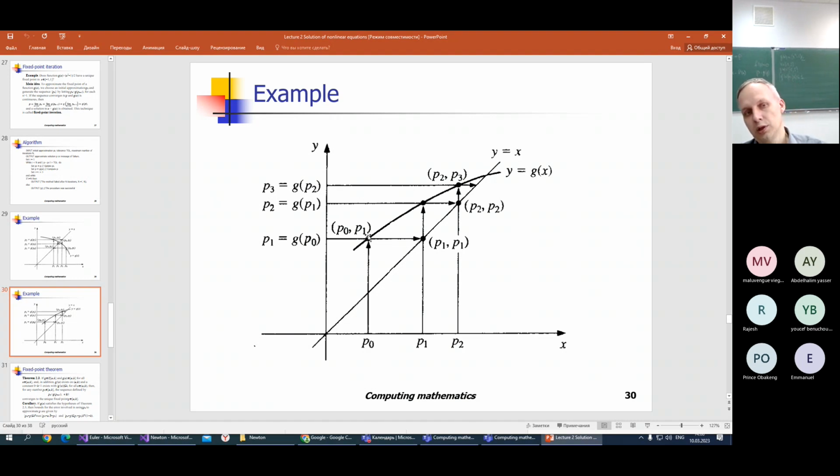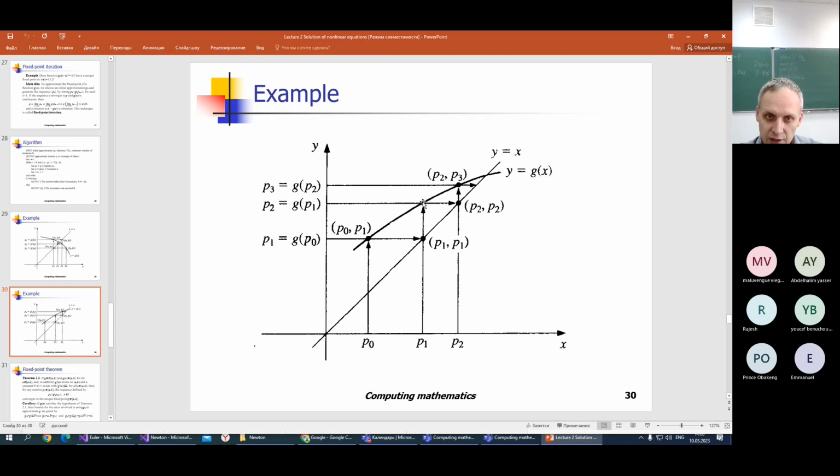We compute the value P1 that equals g of P0. Then we compute P2, g of P1. Then we compute P3 as g of P2, and so on.